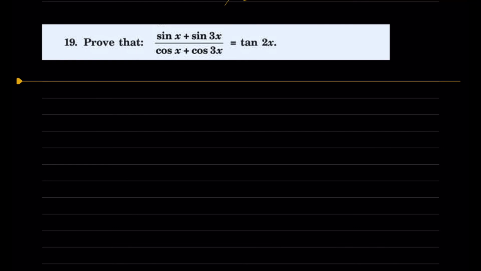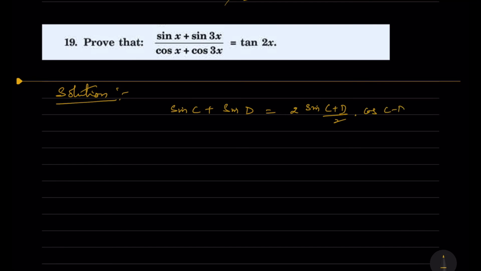So now in the solution part, here again we have to use sin C plus sin D, which is equal to 2 sin((C + D)/2) cos((C - D)/2), and in the denominator we have cos C plus cos D, which is equal to 2 cos((C + D)/2) cos((C - D)/2). So using these formulas we'll be putting them in.